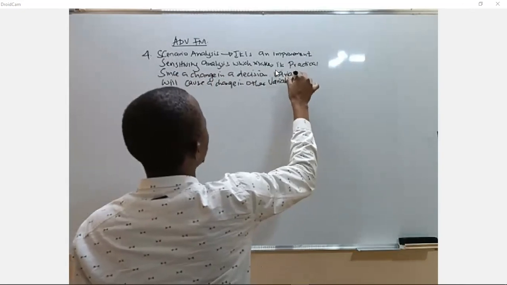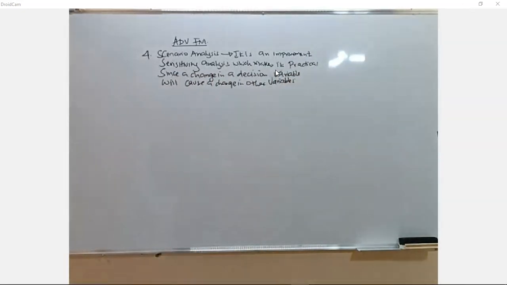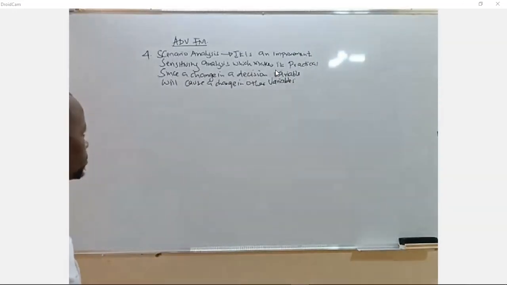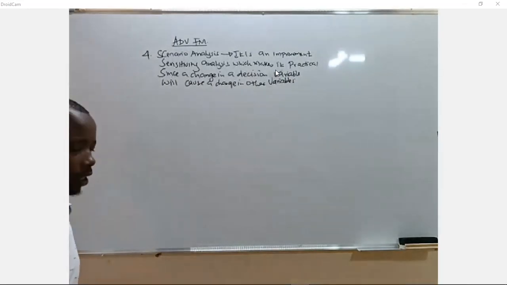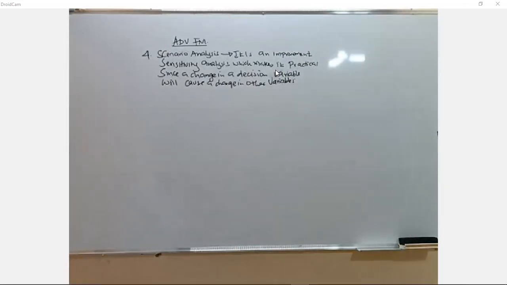So if we are going to be having a change, like today, we are having a lot of changes happening in the world of taxation. For the students who are supposed to be doing advanced taxation, you have to be looking at the current trends, because they are going to be appearing mostly in your exams.